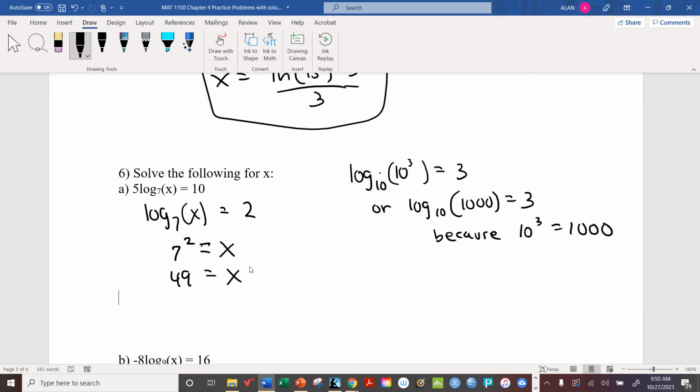Because over here, remember, what we're saying is that 10 to the 3rd power equals 1,000. So you start with the base, and here's your exponent. This is what you're solving for. So in other words, this implies that x is 49.